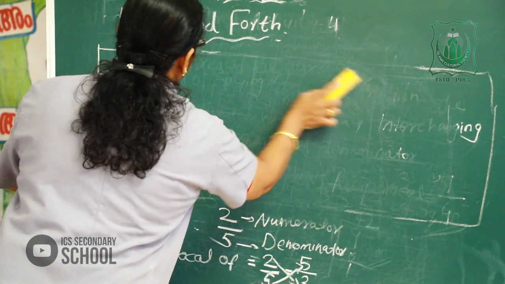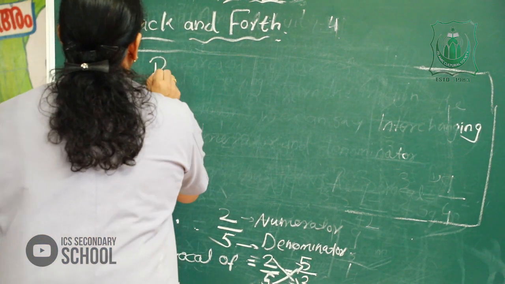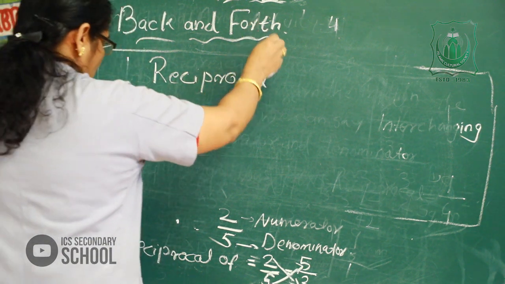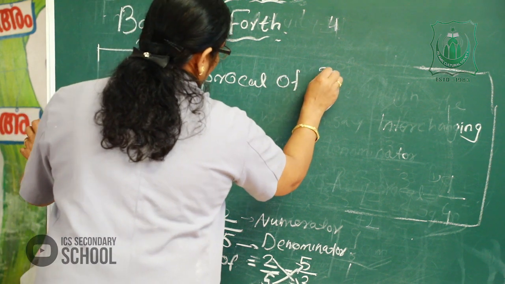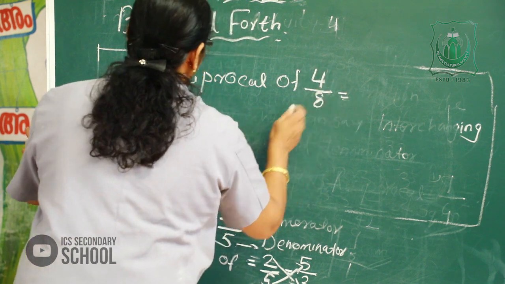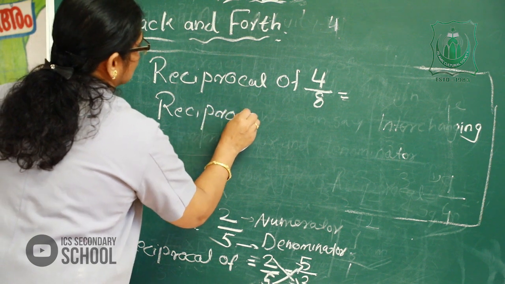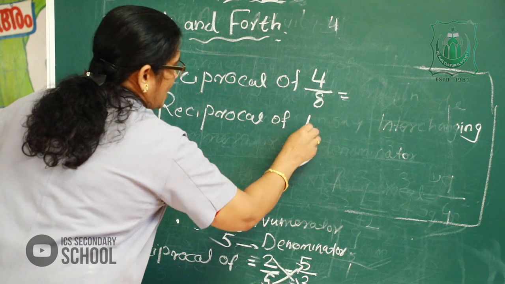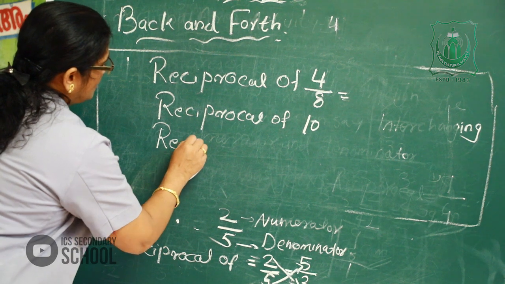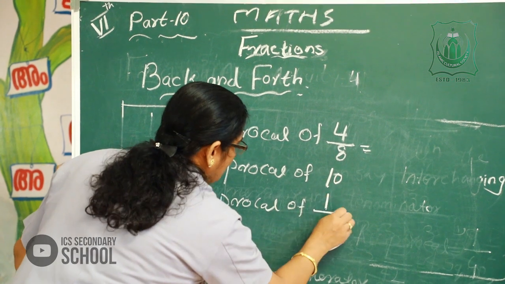Some examples. Reciprocal of 4 by 8, reciprocal of 10, and reciprocal of 1 by 5.